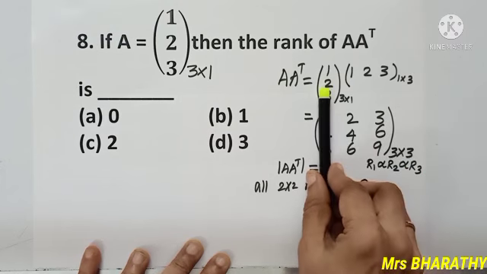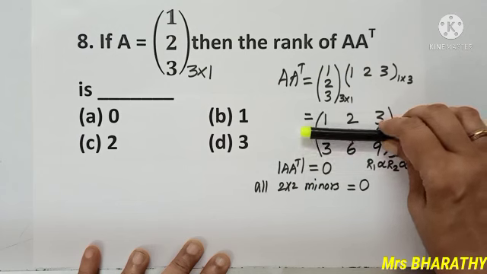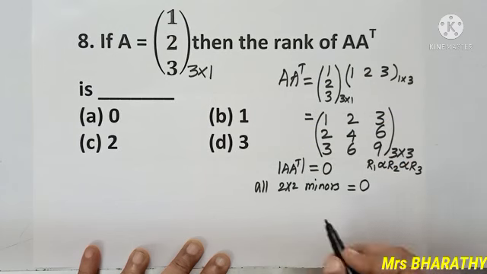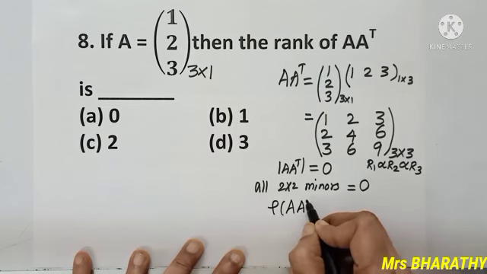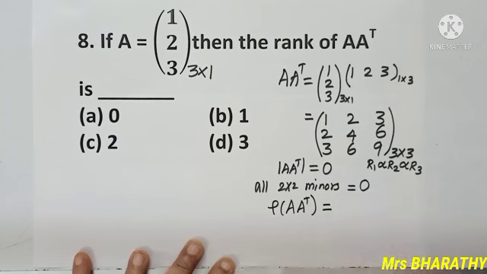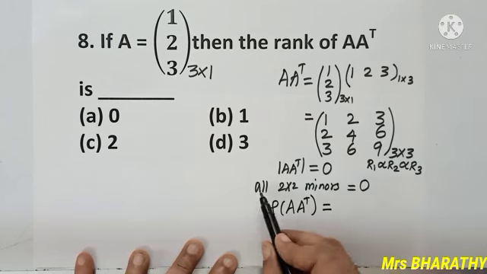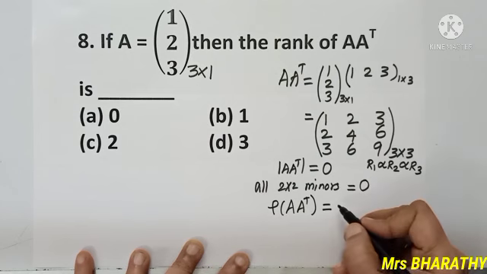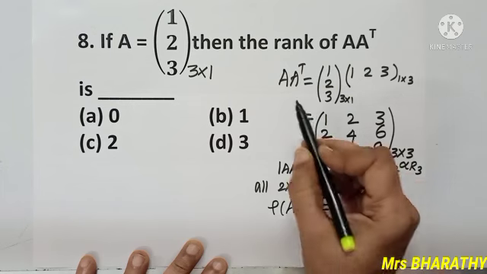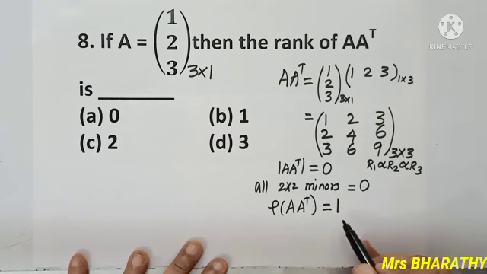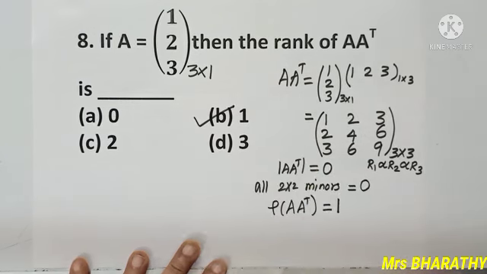Even if I hide the first column or second row, however I hide, my answer is going to be 0. So I can immediately declare the rank of A transpose. Third order 0, second order 0. So my answer is 1. Rank of A transpose is 1 and option B is the right choice.